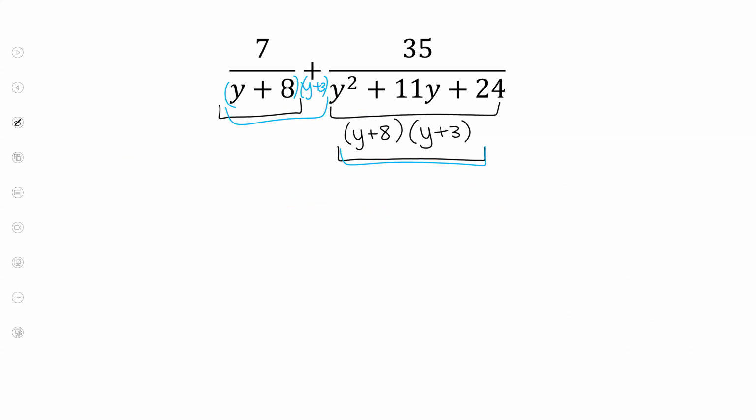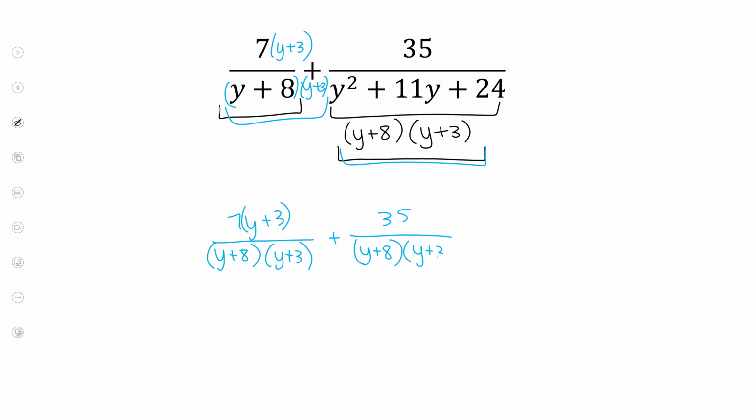If I do that to the denominator, I also need to do it to the numerator. So this is what I have. 7 times (y plus 3), and then I have y plus 8 times y plus 3 plus 35 over y plus 8, y plus 3. Okay, now that the denominators are the same, we can go ahead and start adding.